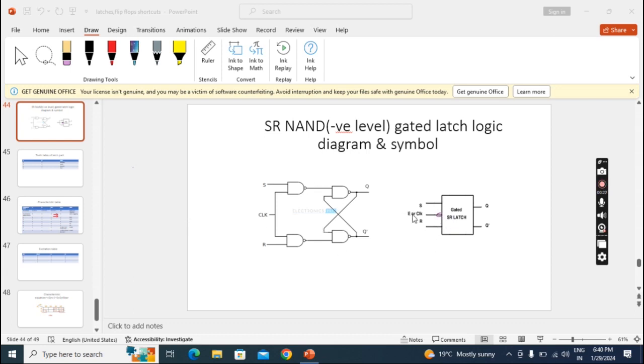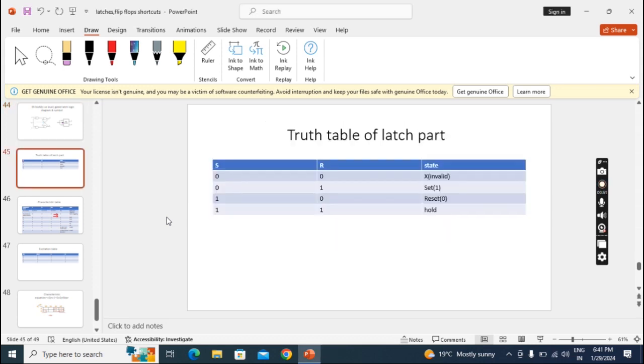It means we apply 0 outside, but inside it will be inverted and go as 1. A positive level circuit responds when we apply 1 and becomes hold when we apply 0, but a negative level circuit becomes hold when we apply 1 and responds when we apply 0. That we have to observe. We'll see this truth table is the latch part, the non-gated truth table that we know.